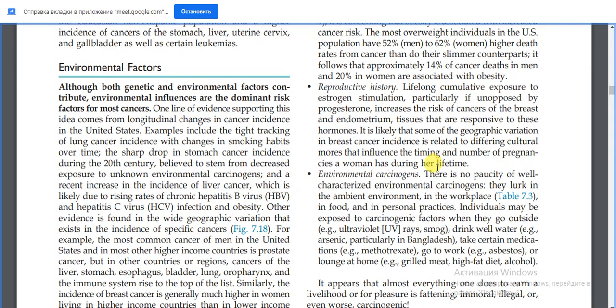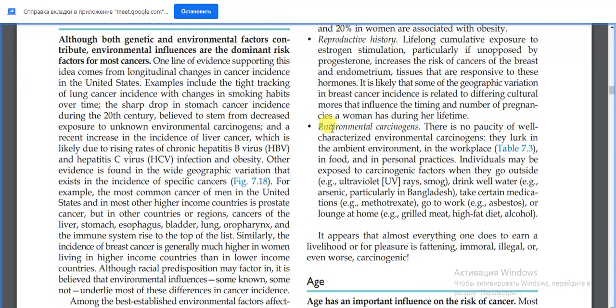Then environmental carcinogens. Ultraviolet radiation. Arsenic, which is present in water in Bangladesh. Some medications, for example methotrexate, is a very common changer of DNA.